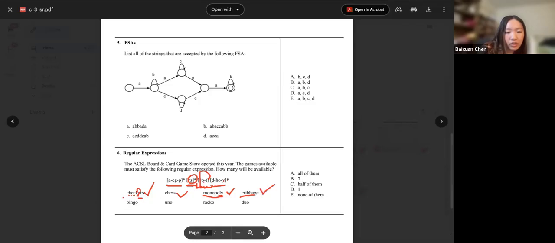Bingo, we can have B, I, N here, G here, and O is here, O through Y. Uno, U is in not S, N is in not O through T, because N, O, P, and then O is here, O through Y. So then Uno works.